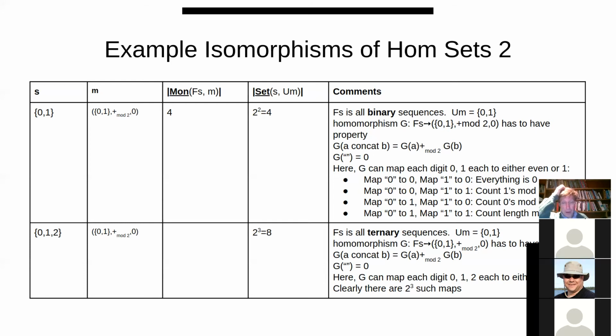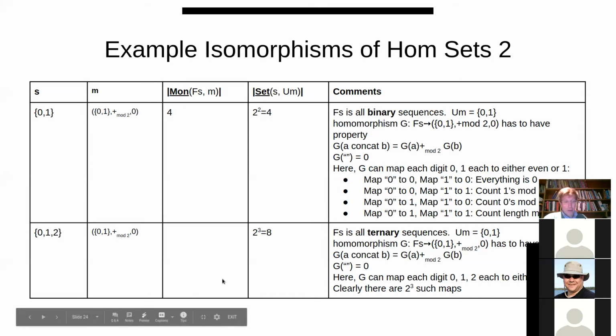We could map 0 to 1 and 1 to 0, or 0 to 1 and 1 to 1. So we have 4 possibilities. Each of 0 and 1 can be mapped to each of these ones, which is 4. And the same thing carries through. There should be also 8, 2 to the third, such maps.